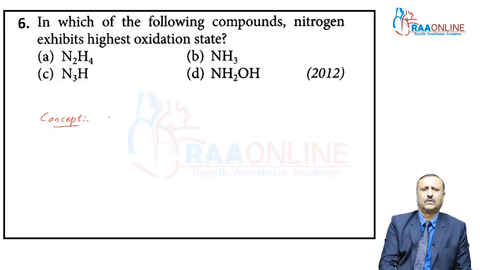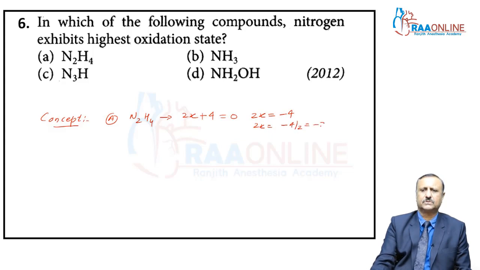In option A, we determine the oxidation state of nitrogen: 2x plus 4 equals 0, where x is the oxidation state of nitrogen and the oxidation state of hydrogen is 1. So 2x equals minus 4, and x equals minus 2.